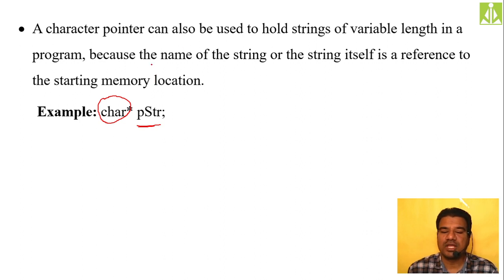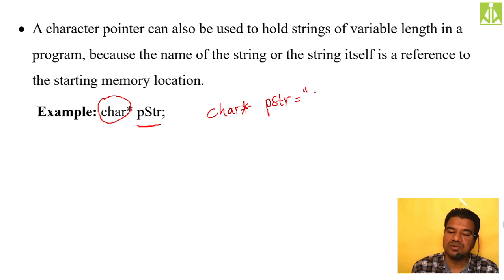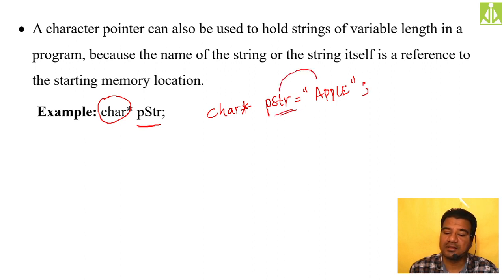A character pointer can also be used to hold strings of variable length in a program, because the name of the string is a reference to the string memory location. So doing it like this is absolutely fine. Char star pstr, pointer string, pstr equals apple. Now this pstr will point to the first character, that is a.